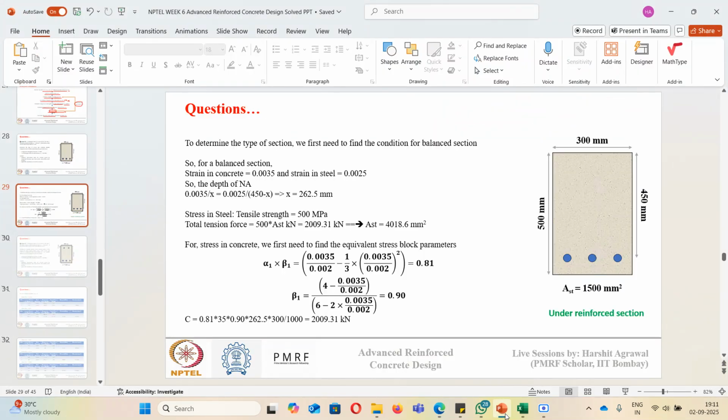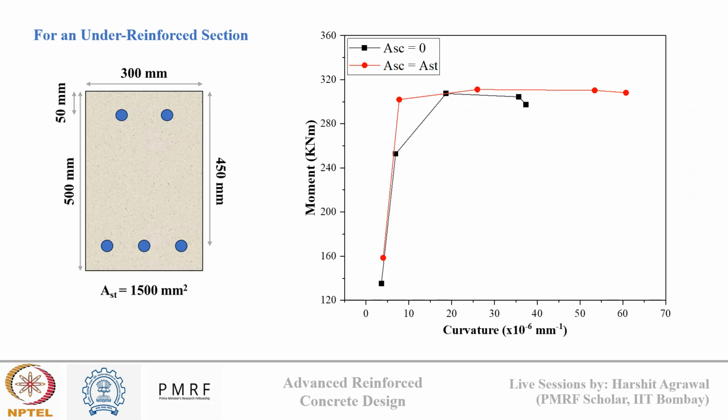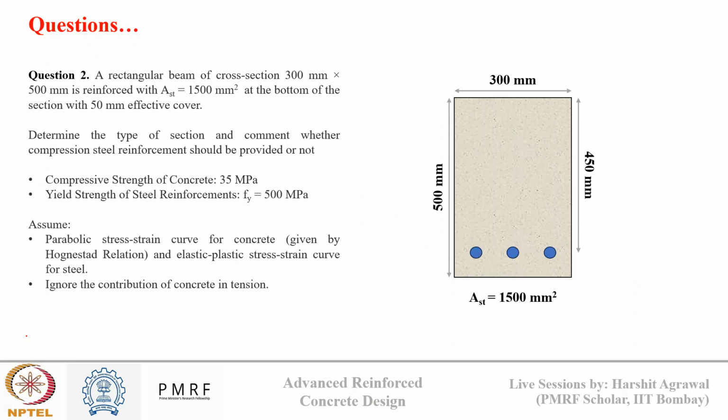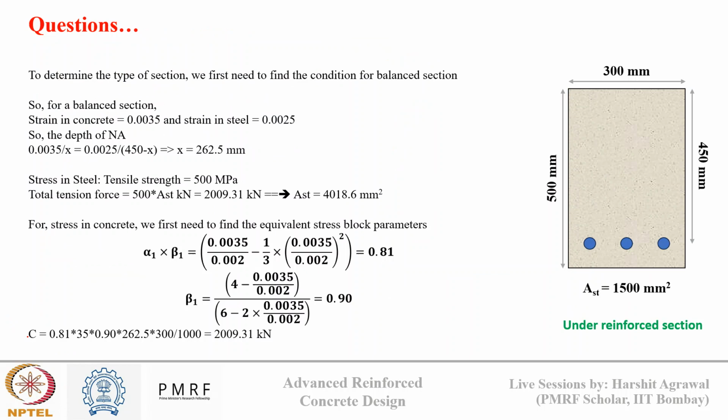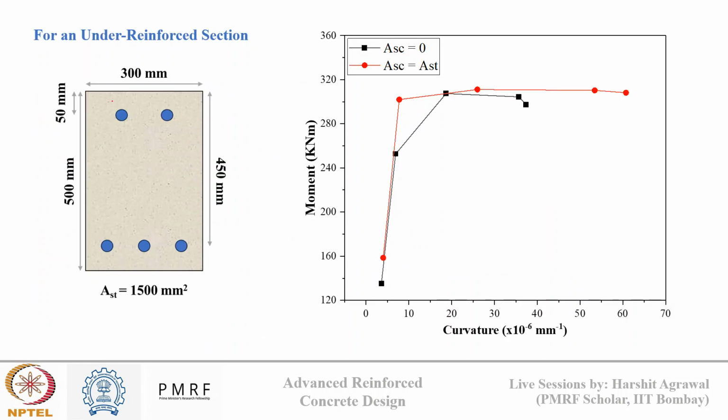Okay. So if you remember, you saw a professor solved one question where for an under reinforced section he provided compression steel. So suppose in this question that we saw right now, I am providing compression steel of the same area as there is on the tension side. So this compression steel is also of area 1500 mm square, and this is an under reinforced section.